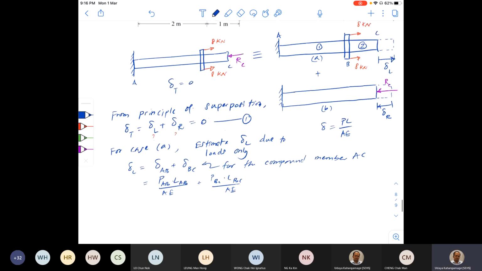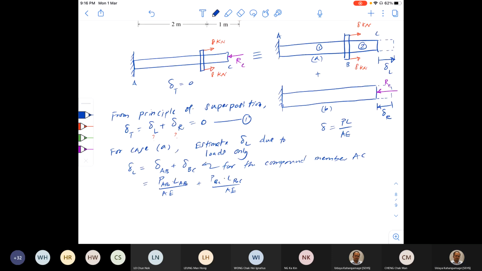What is PBC? If you want to find out PBC, you need to cut the member between B and C. Let's say I cut somewhere here. Okay. And then take the right side portion and draw a free body diagram. Then you can find out the internal force PBC. So I just draw that part.